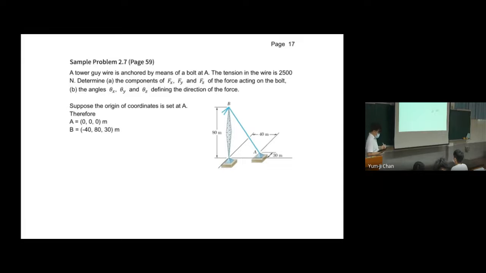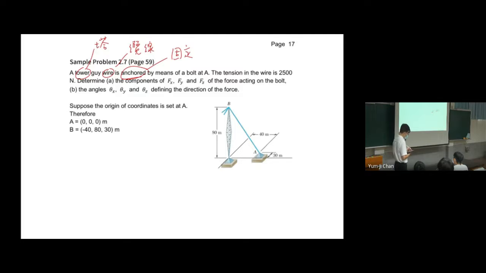So we have a wire AB. We have a tower. This is a tower. The wire is this one.